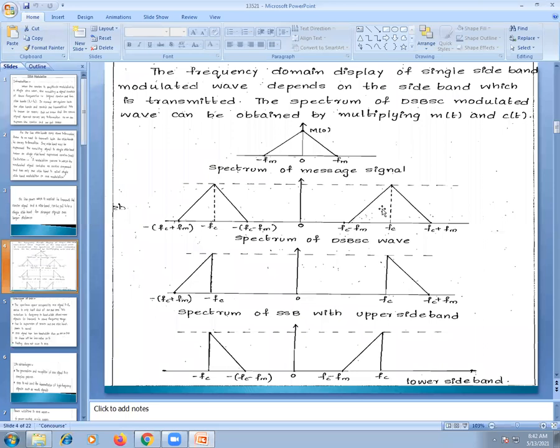So in the phase shift method or reverse method of generation, at the carrier place, fc, the carrier frequency and the modulating signal frequency are both inverted. Such a situation is created in the phase shift network. Whether it is the phase shift method or the reverse method, they can also use phase shift networks.